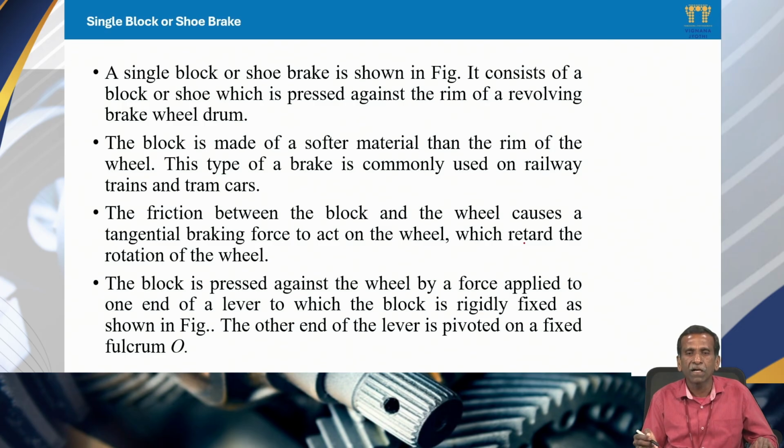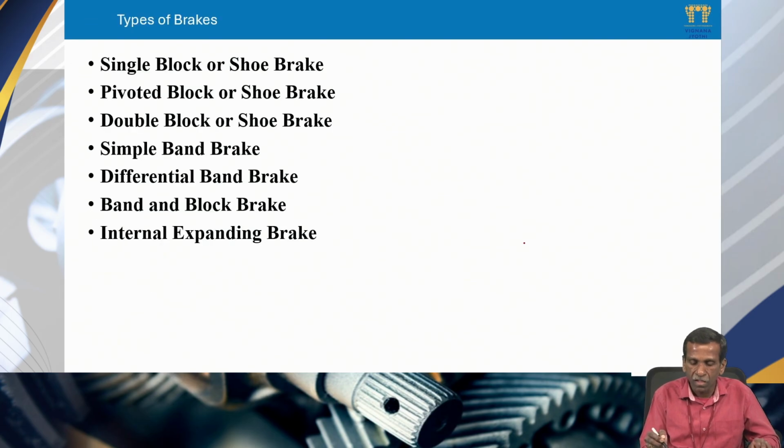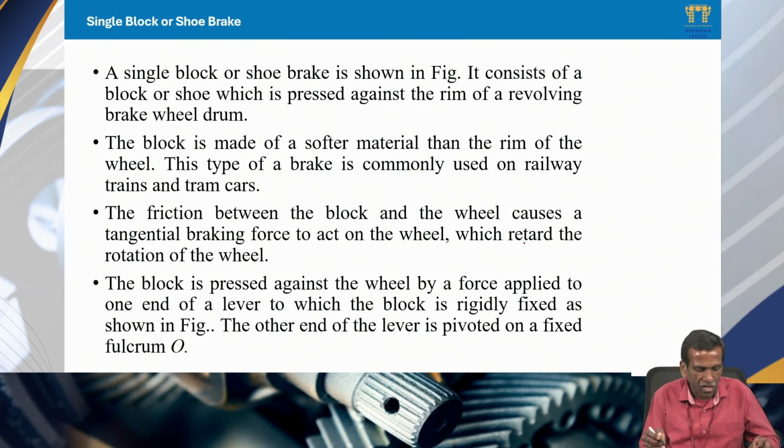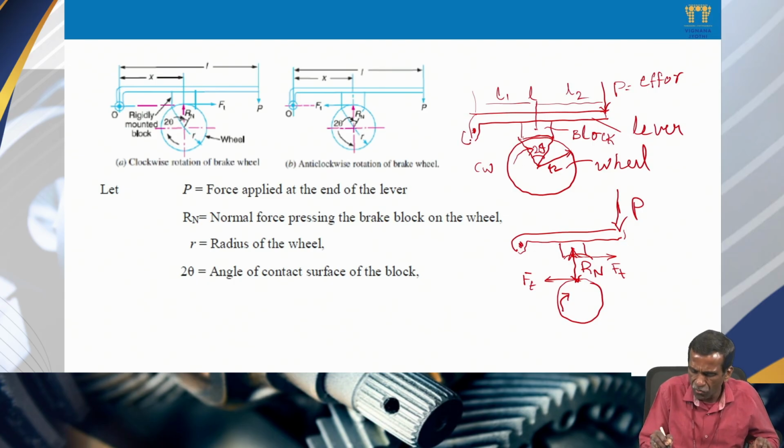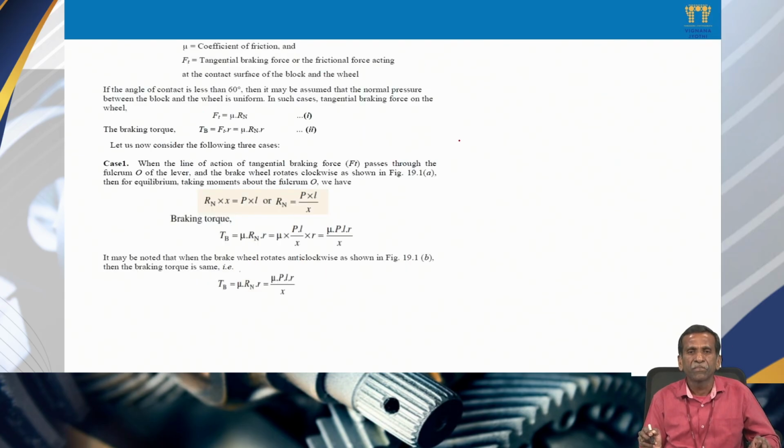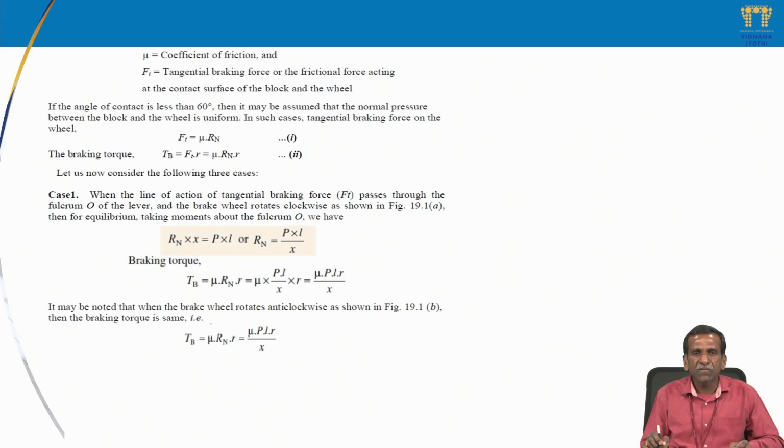The block is rigidly fixed to the lever, so the entire lever is pressing the block on the wheel. The lever is fixed at the fulcrum, that is at O. I will show you in the diagram. This is O. Now coming to the analysis part. As we know, mu is the coefficient of friction between the wheel and block, and Ft is the tangential braking force at the contact surface.